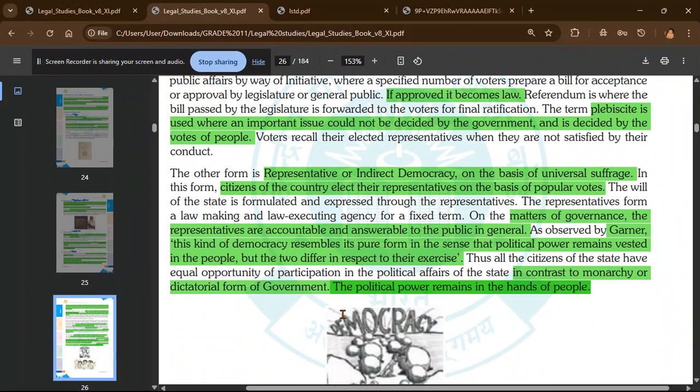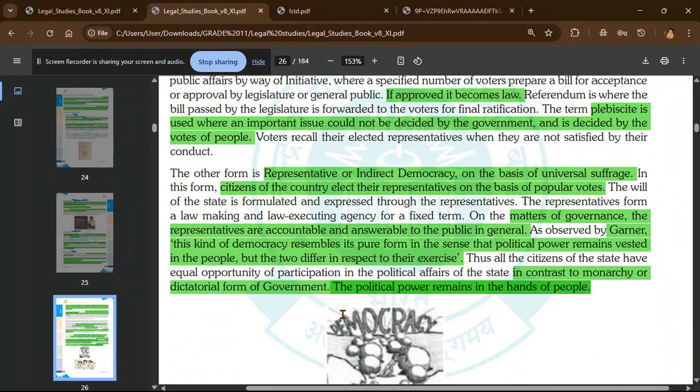Why? Because the power is still in the hands of the people. There they had direct power. Here they are having indirect power. Okay, still they are the ones electing the representatives on popular vote. But they differ in respect to exercise. Over there, it was direct, immediate exercise. But here, the representatives are exercising it accordingly.